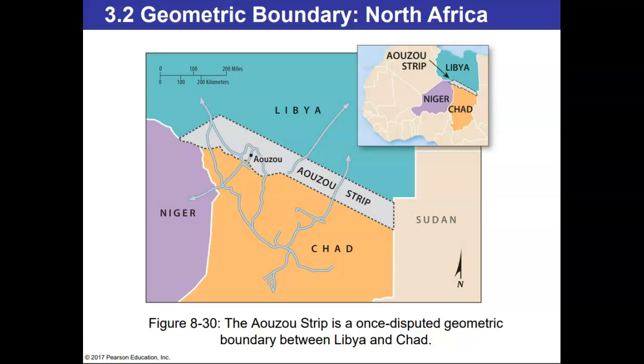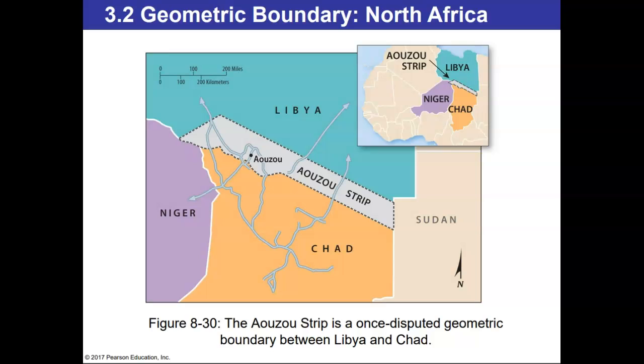Let's apply this to the African continent, particularly Northern Africa. We see that very distinctive geometric lines exist to establish the boundaries between countries like Algeria, Libya, and Egypt.